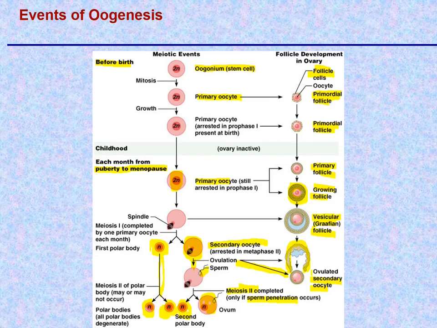And so in the end, you end up with 4 single copies of the chromosomes distributed between these polar bodies and the single developed and fertilized egg.